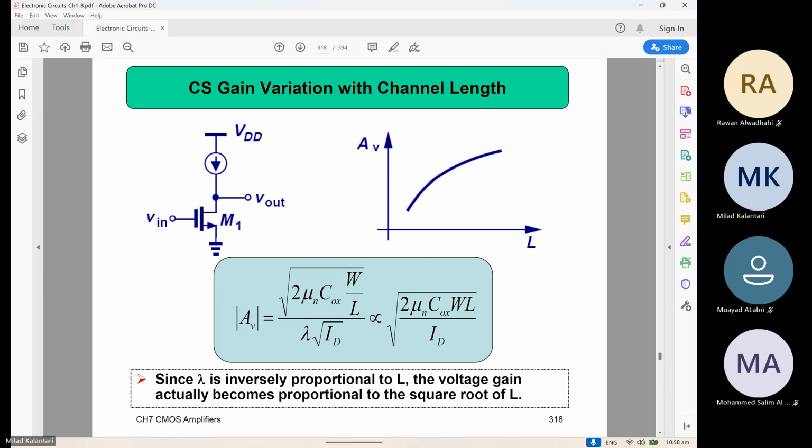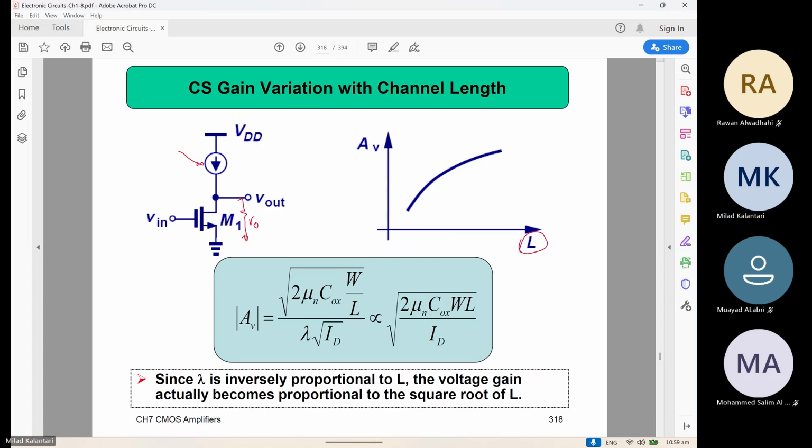And here is showing how the gain changes once you change the length of the device, assuming you are biasing the circuit with a current source and there is no RL, so the load is only the Rout of the device. So here it is showing how it changes.